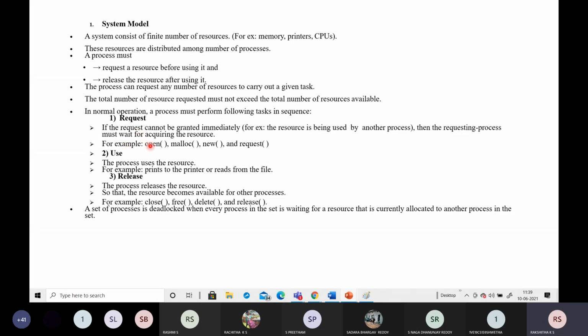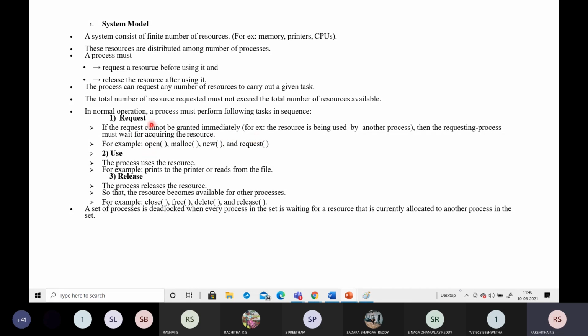For example, you can use the open, malloc, or new functions to make a request. If the resource is available, you use the open function. If it is not available, you give the request to that resource, and then you get the resource.